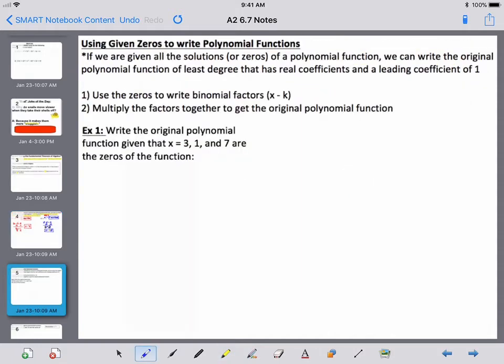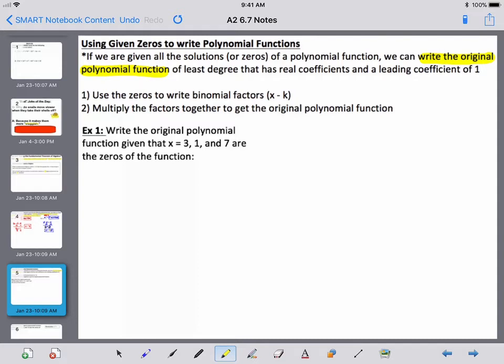All right, well, here's kind of the reverse of that fundamental theorem of algebra. If you know the solutions of a polynomial, you can write the original polynomial by using those solutions, okay?